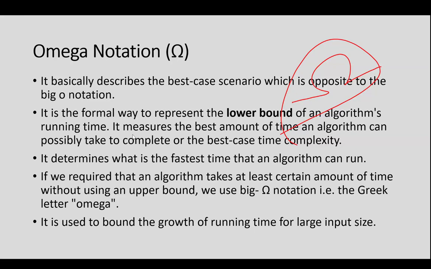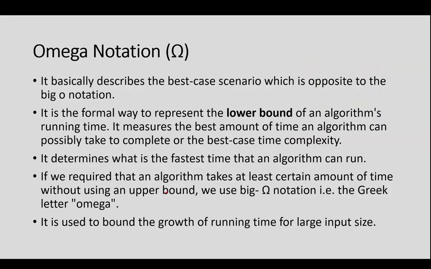Okay. And so we have omega notation. Now it is used to bound the growth of the running time for large input size, correct? This is similar to big O notation. Yeah, so that is about the big O notation.